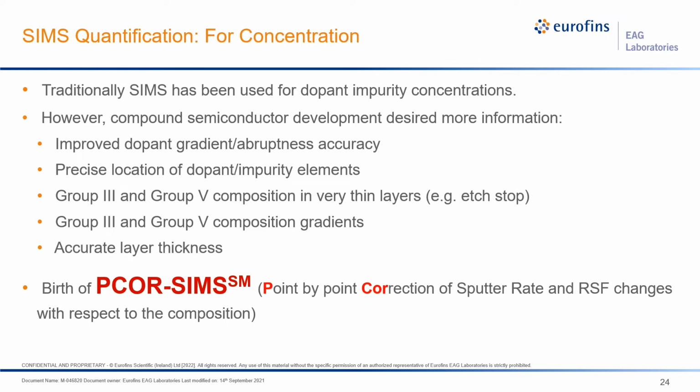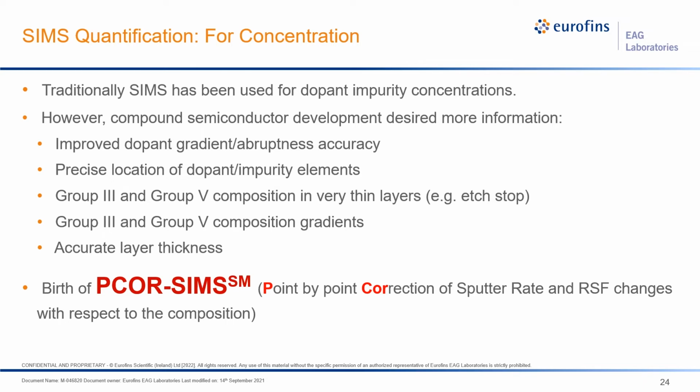On top of that, as these concentrations are graded and the dopants are put in these graded layers, one has to measure an accurate layer thickness. But the composition gradient will cause a change in sputter rate, so measuring the layer thickness is not as simple as applying a single sputter rate.